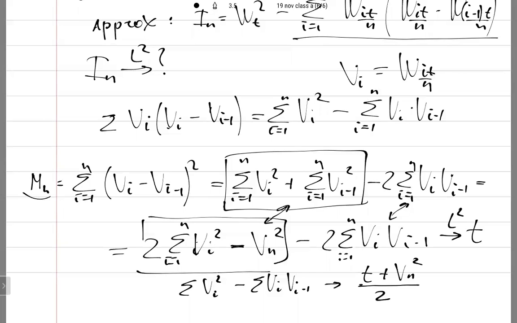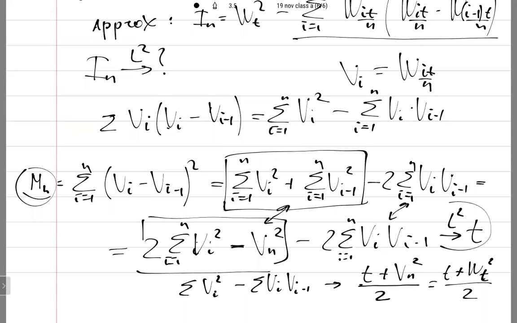We have proven it. If this Mn tends to t, then I move Vn squared to the right-hand side, I divide by 2, and this is just t plus Wt squared over 2.